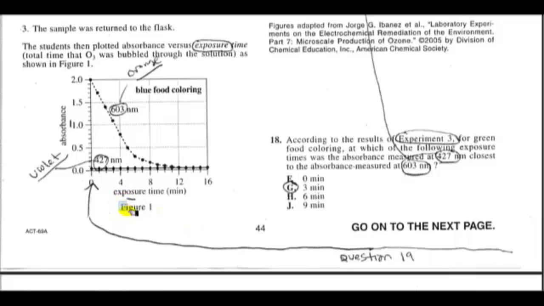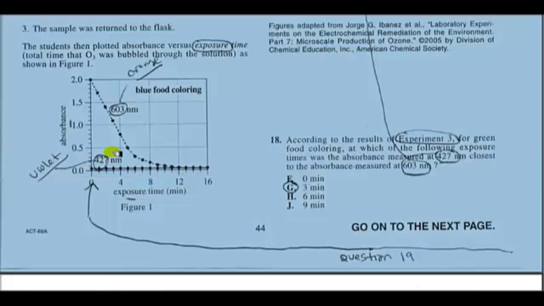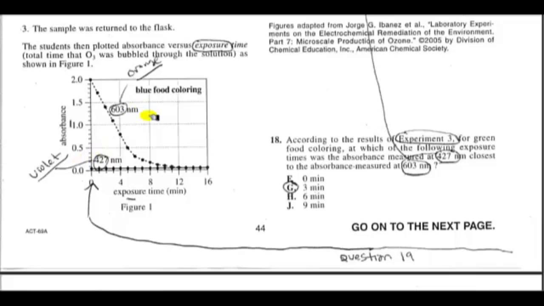Remember, in figure 1, we said that the exposure time here was on the x-axis and the absorbance was on the y-axis. The exposure time was from 0 to 16, but we noticed that in the blue food coloring for experiment 1, 427 nanometers flatlined.